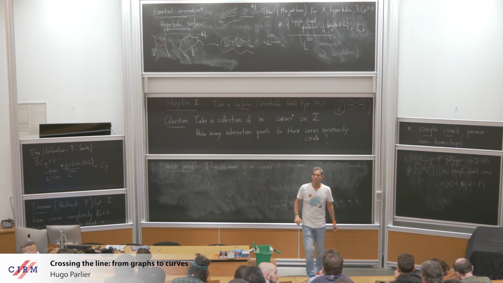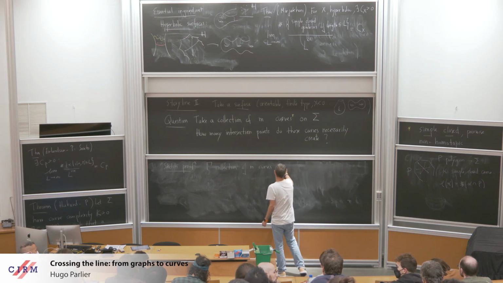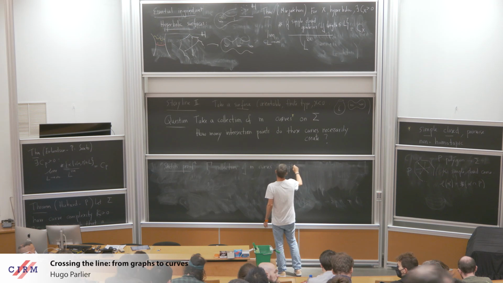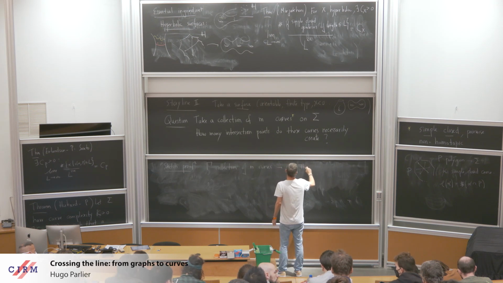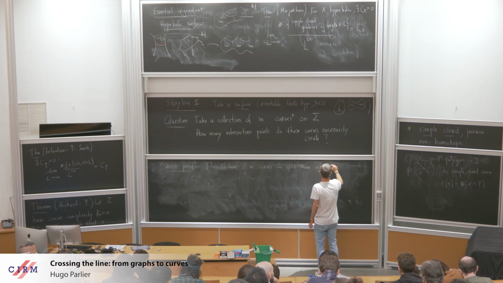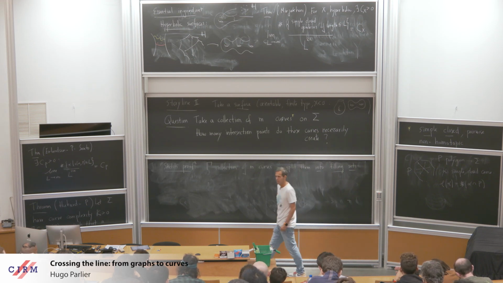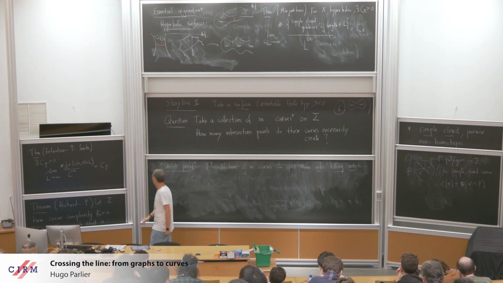Okay. So we take gamma, this collection of M curves, and we split them into filling sets. Okay. So what do I mean by filling set?